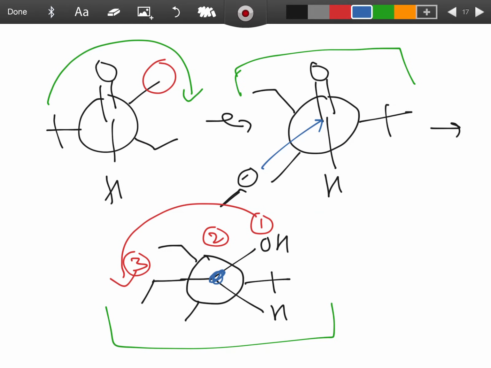Right, and then here's another one. They actually do this one all out, right? So again, you get your G group here versus rotating it to the other side, which puts the L group in and blocks the Burgi-Dunitz angle.